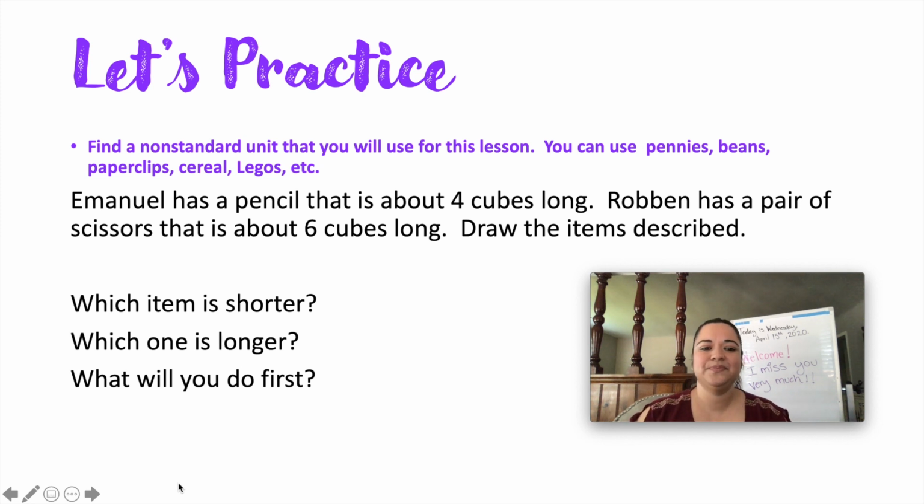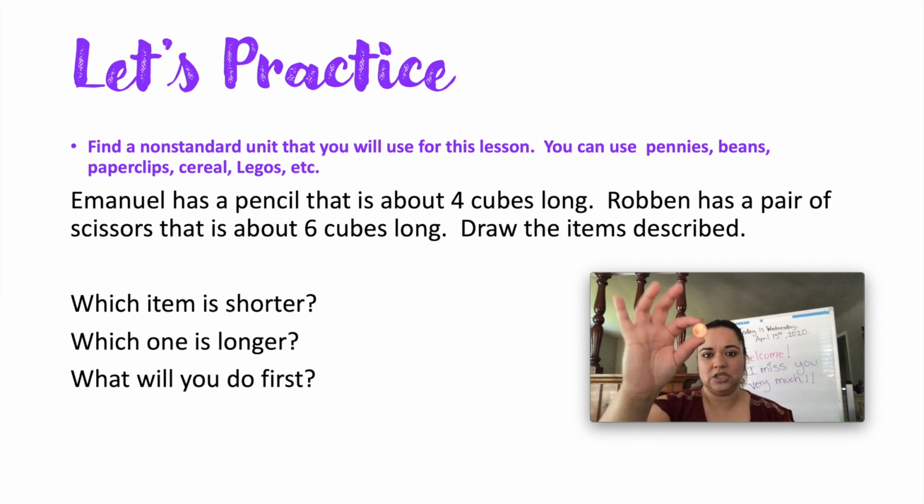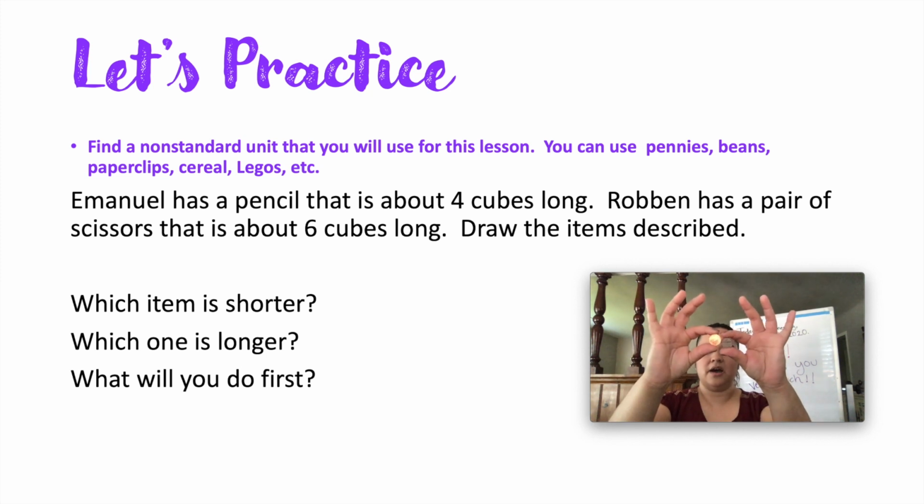Let's practice. Okay, you're going to find a non-standard unit that you will use for this lesson. It can be pennies, beans, paper clips, cereals, Legos, rice, anything that you have that you can use to measure the length of objects. So I do want to remind you that if you decide to use pennies, all of your objects should be measured using pennies.